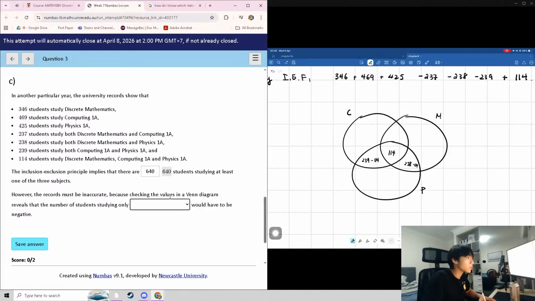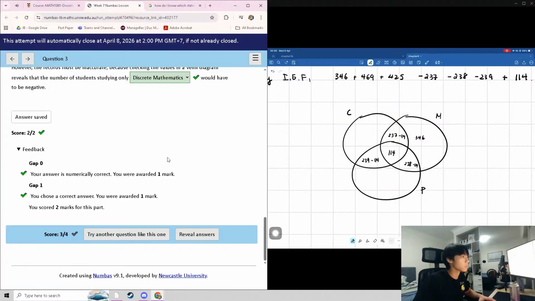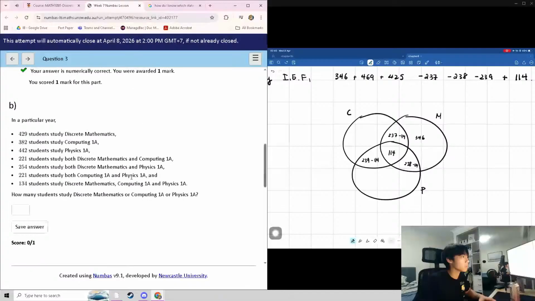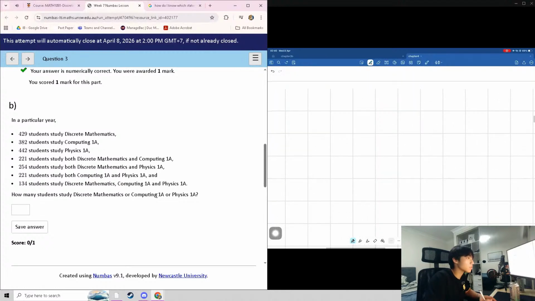Discrete math computing 237. 346. It looks like math is getting too low of an answer. Ooh, what happened? I haven't counted yet. 429 math.